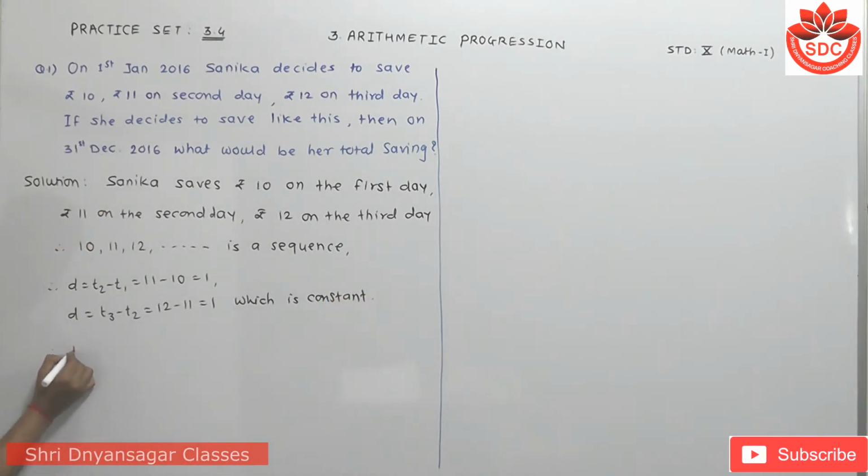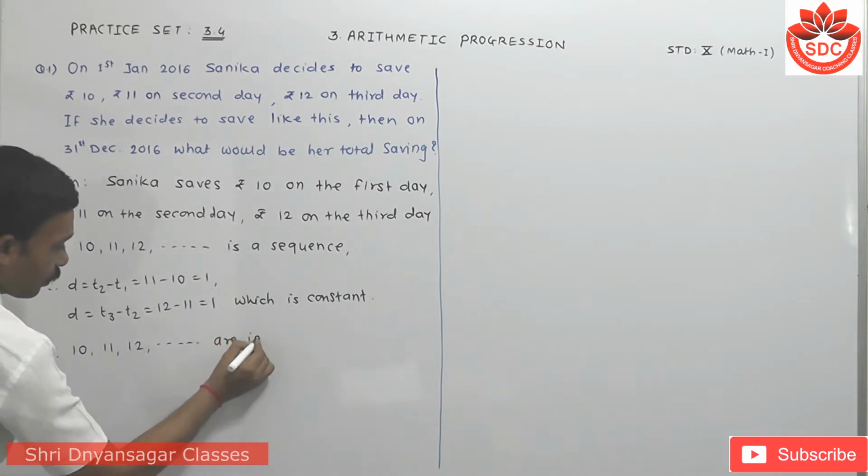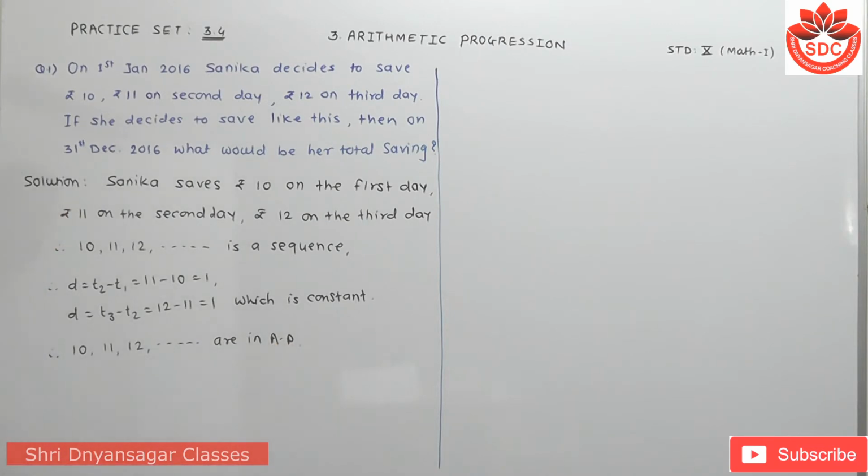Therefore the sequence 10, 11, 12 and so on is in AP. Now, if the sequence is in AP, then a, the first term, is 10 and d, the common difference, is 1. Here, students, the year 2016 is a leap year.